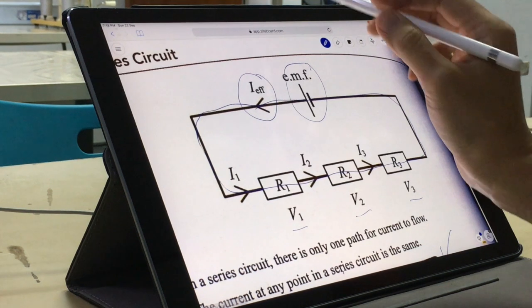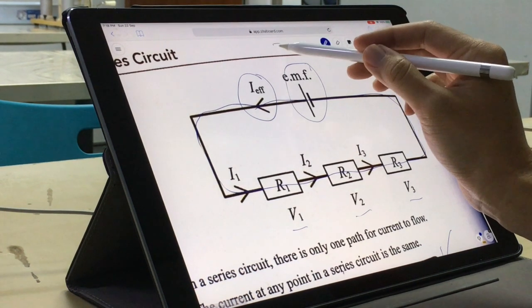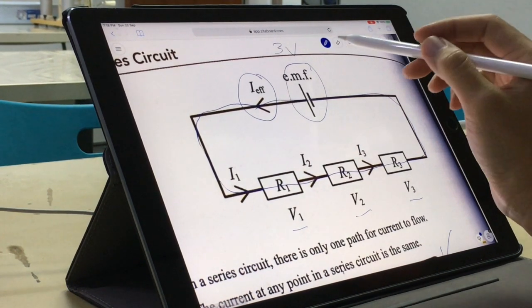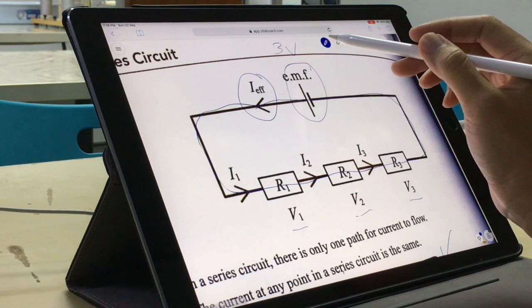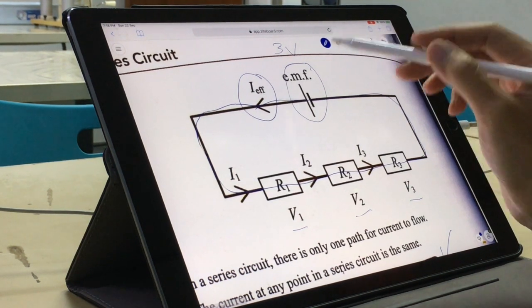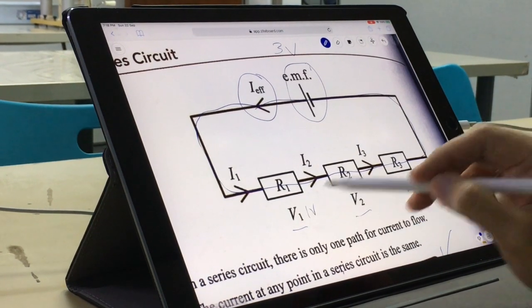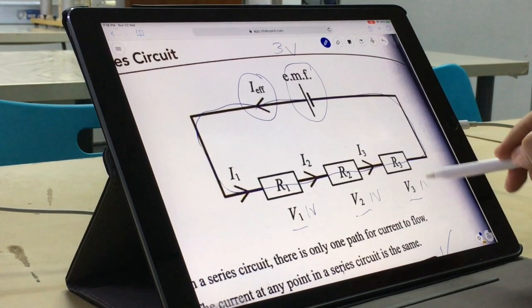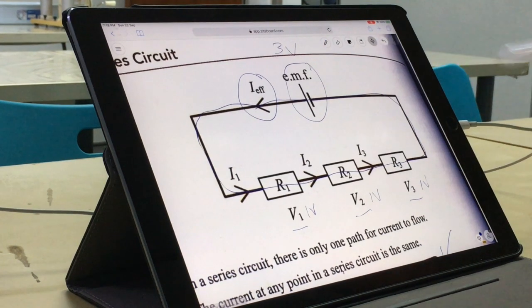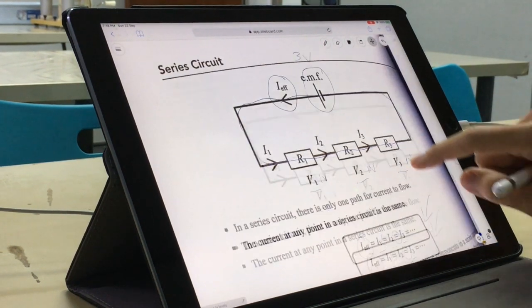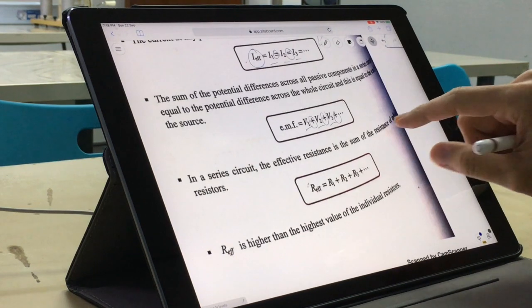For example, if I have a battery that is 3 volts, each one will be 1 volt plus 1 volt plus 1 volt, because added together they equal 3.